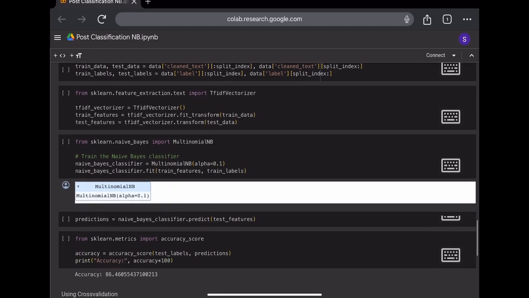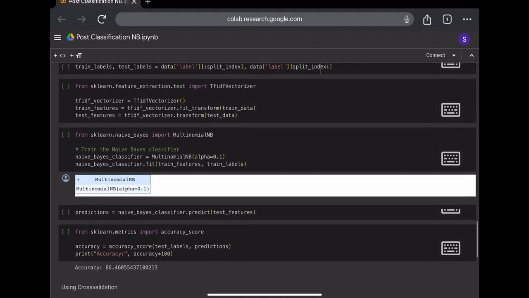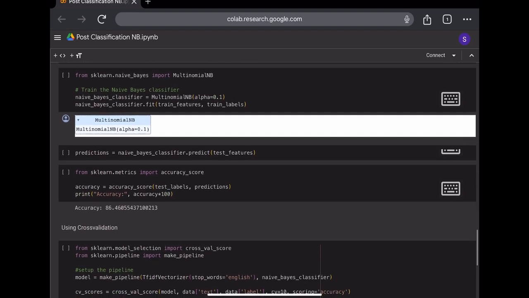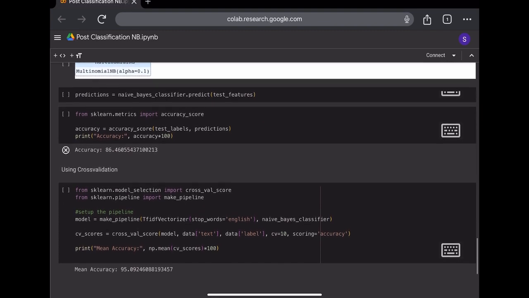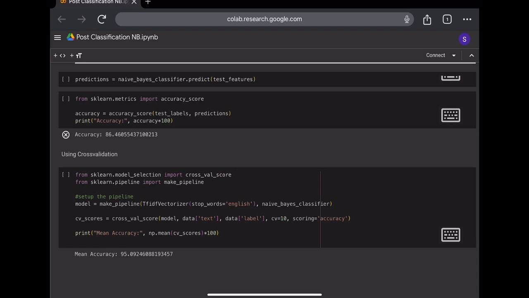And from there, I've used the multinomial naive Bayes from the library. And here I'm setting the alpha value to 0.1, and using that I've predicted the classes for the test features, for which I got an accuracy of 86%, which is okay, but not really better than what we have done for logistic regression.